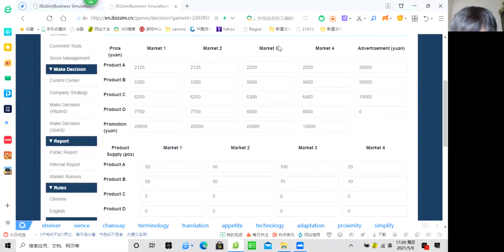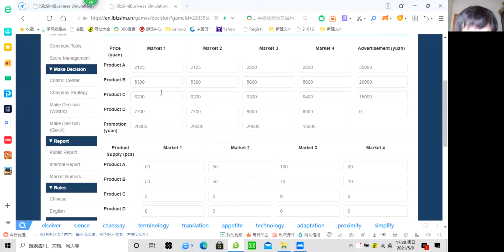Okay, so this is India, China, anyway abroad, not the domestic market. These are abroad markets, market 3, market 4, or maybe Europe, or maybe America.